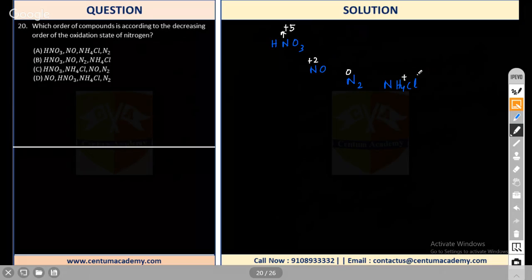And since it is an ionic compound, it is -3. Right, so this is the decreasing order. You see it is decreasing, +5 to +2, +2 to 0, and then 0 to -3. Hence the answer will be option B, decreasing order of oxidation state. Yeah, next question.